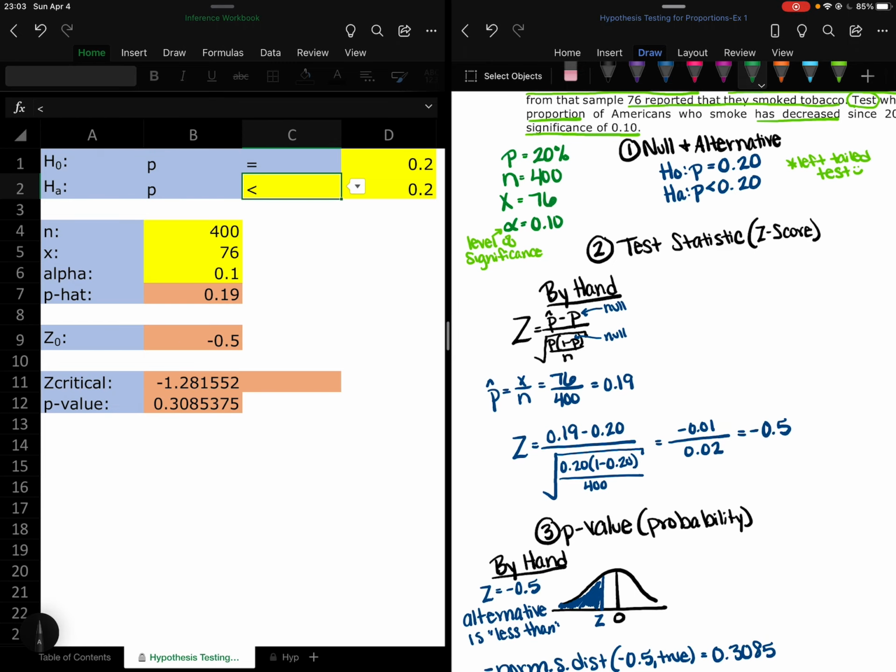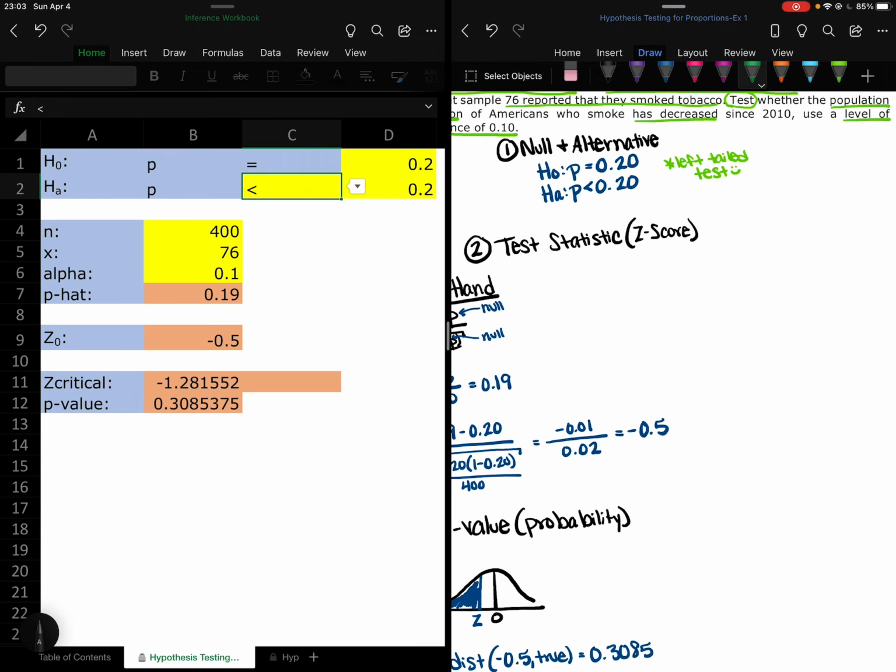So if you're going to use Excel, the test statistic is calculated for you. In these orange sections, we see p hat is 0.19. That's something that Excel calculated for me. I didn't have to do that. So p hat, 0.19.